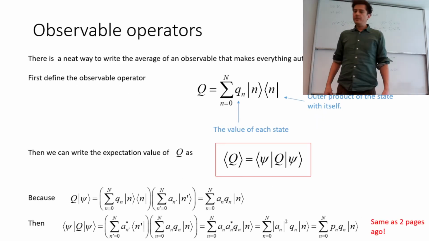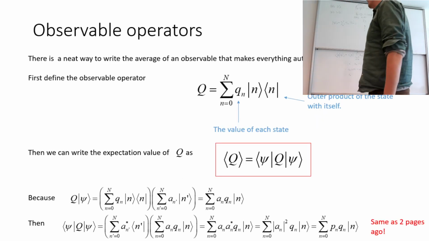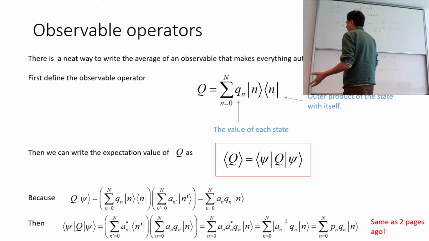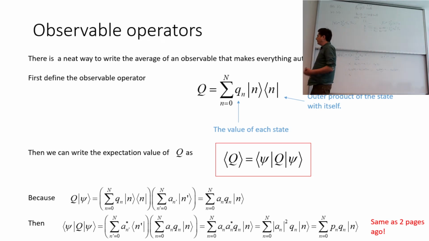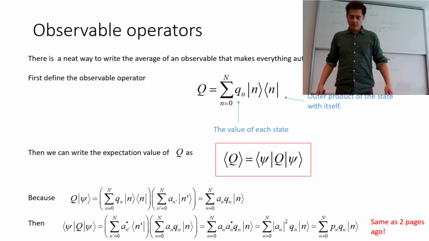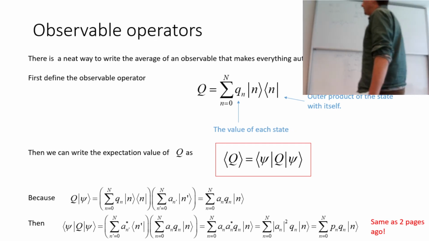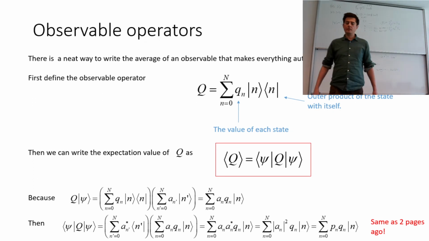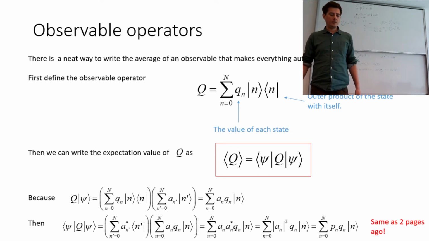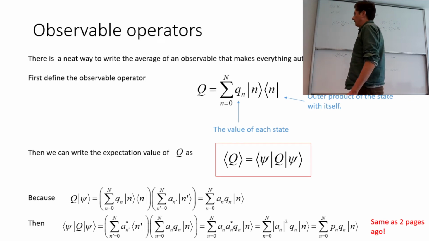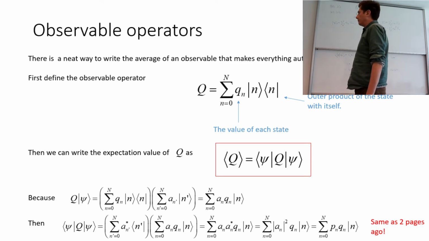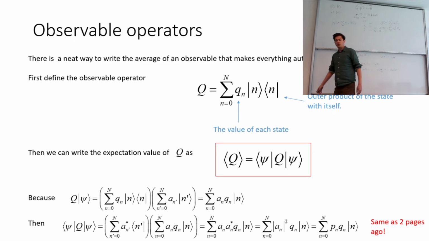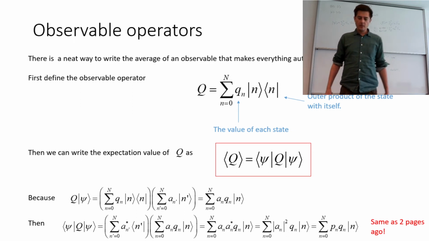Okay, and so now that we've got a more general formula for the thing that we're trying to calculate, the average, we can take this mathematical formulation a little bit further.